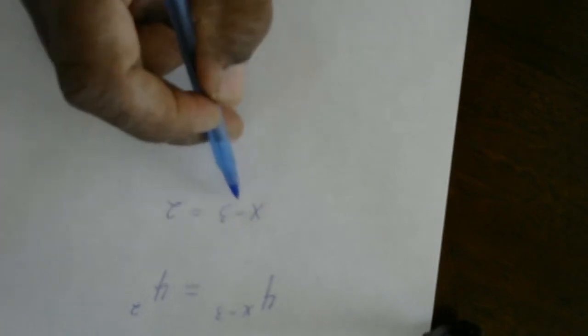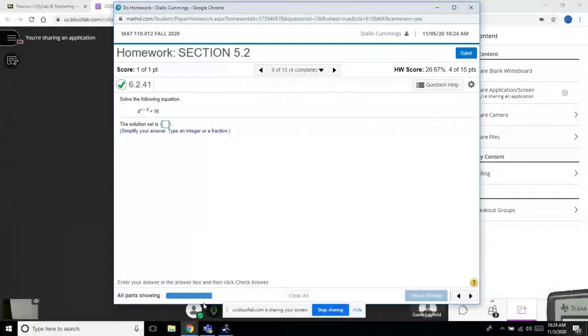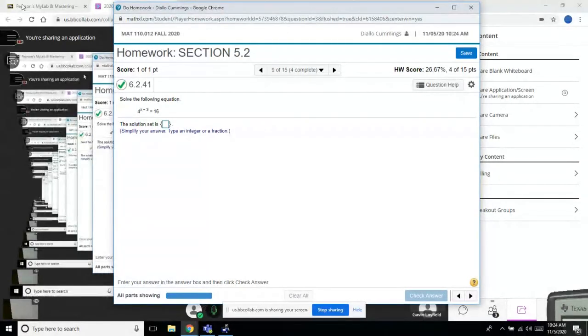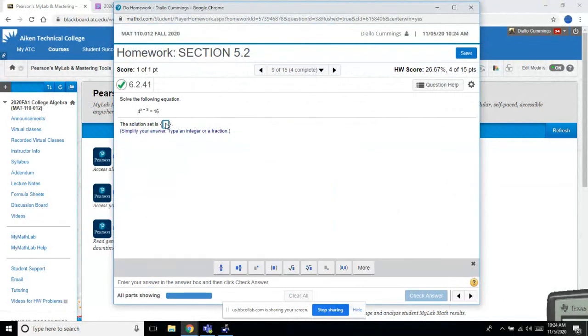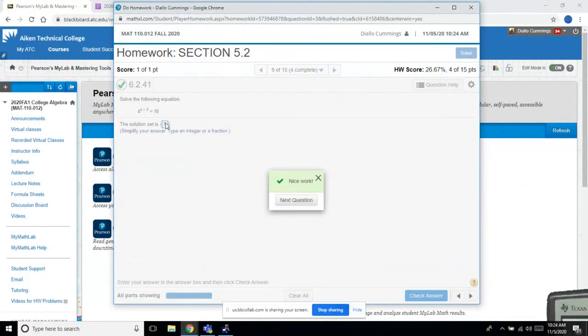So I have x minus 3 equal to 2. I can solve for x by adding 3 to both sides, and I have x equal to 5. So for our last example, x is equal to 5.